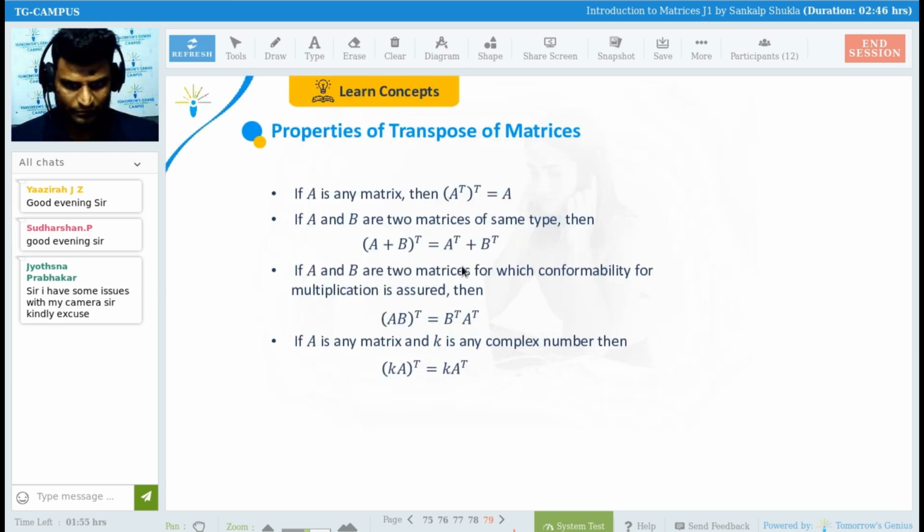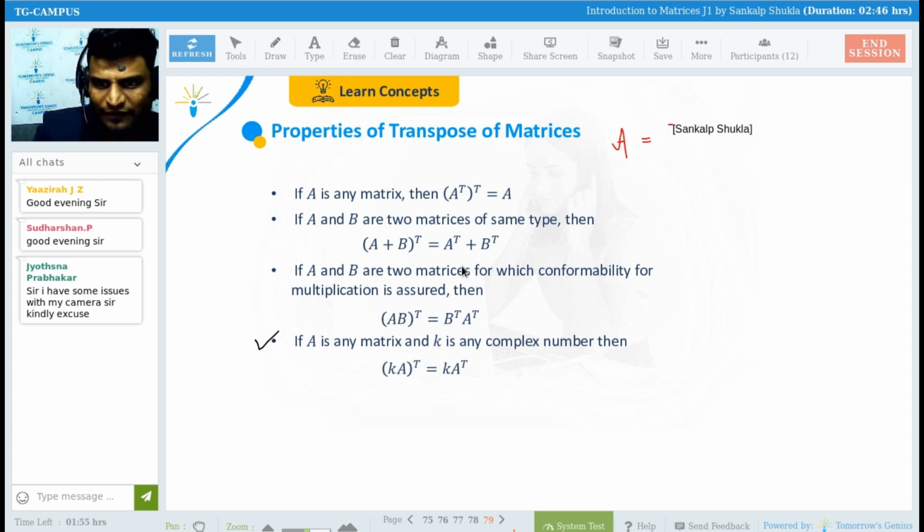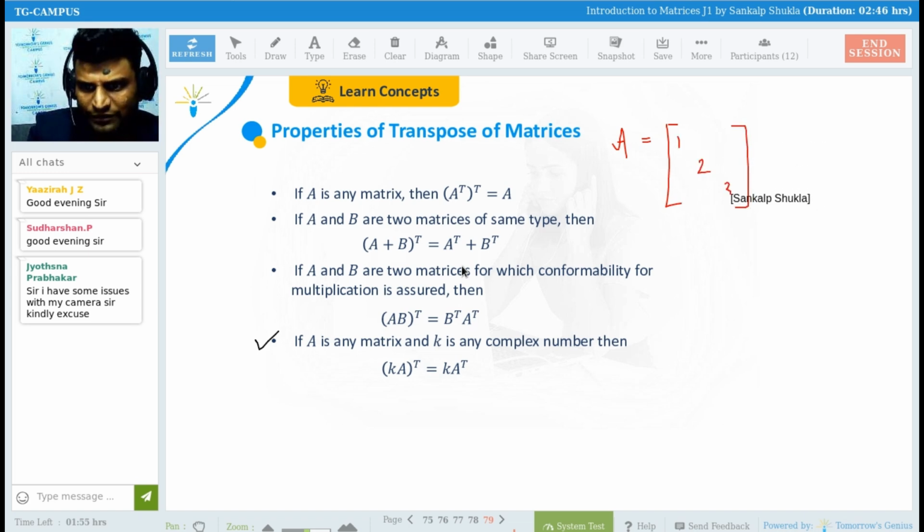Okay, another very important property. If A is any matrix and K is any complex number, then KA whole transpose will be equals to K times A transpose. Okay, what is this? Like if you multiplied any element in matrix, I'll just give you an example also. Suppose a matrix A is there: 1, 2, 3, 2, 1, 0, 1, 4, 1.